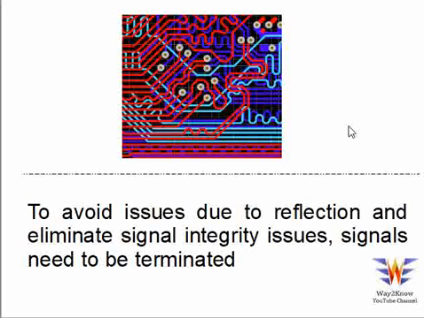That means we are indirectly eliminating the signal integrity issues that we are talking about. In our high speed designs, we have different signals and different layers with different impedance requirements. Considering that, the termination technique is one of the important criteria to handle signal integrity issues.